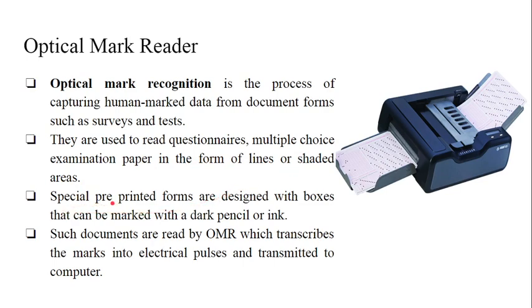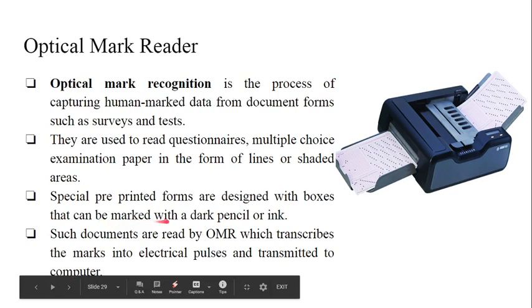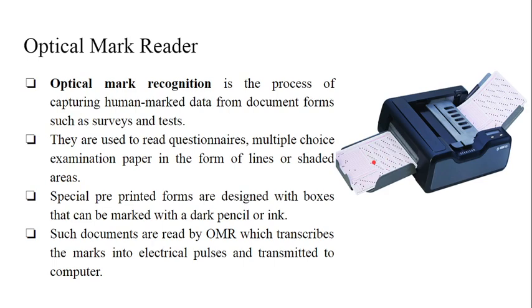Special pre-printed forms are designed with boxes that can be marked with dark pencil or ink. Such documents are read by OMR, which transcribes the marks into electrical pulses and transmits them to the computer.